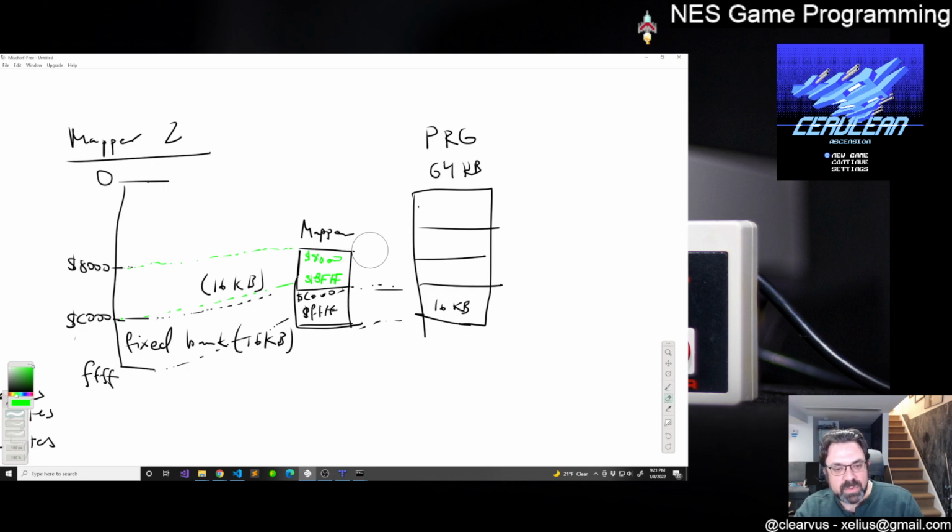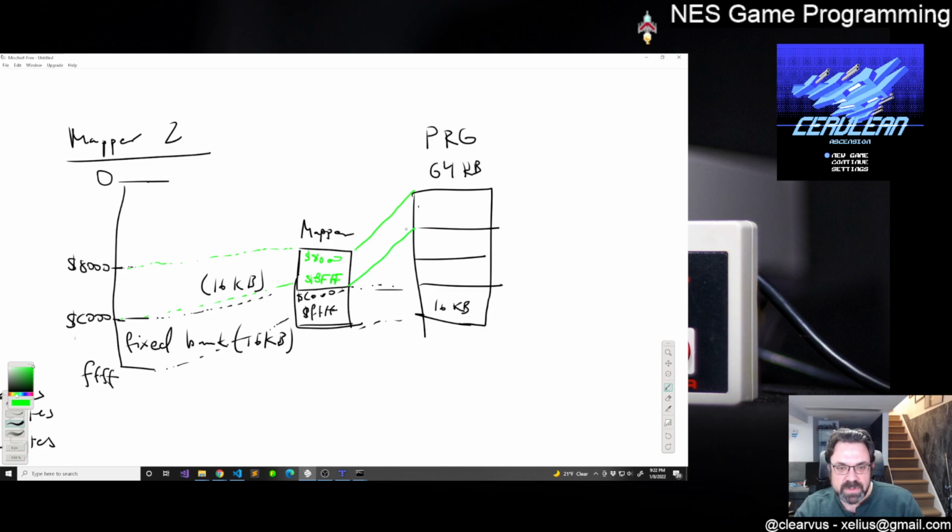And based on the way the mapper is set at this current time, it could point to here, or it could point to here, I'm sorry if my color choices are terrible, or it could point to here, right?